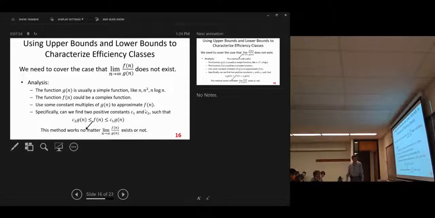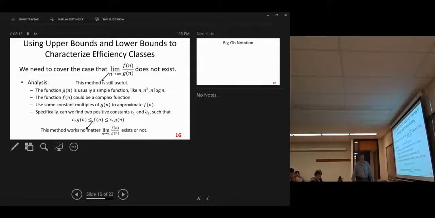All right, so using this method, we try to find the relationship between two growth functions. This looks like a better method, right?